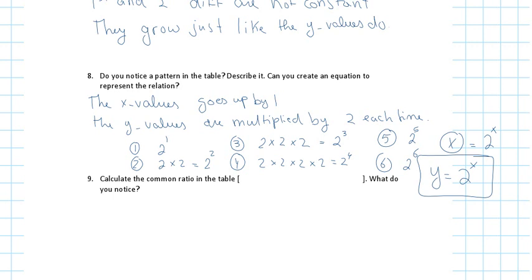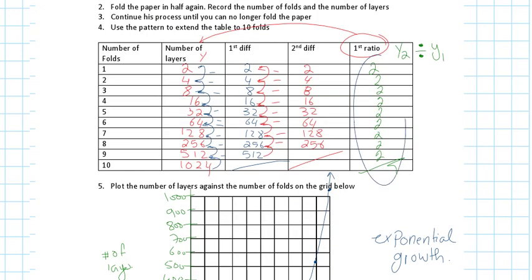Where do you think that 2 is coming from? Do you think that has anything to do with this? Yeah. Right? Because I am multiplying by 2. Because you're doubling, that means your base is going to be the same as your ratio.